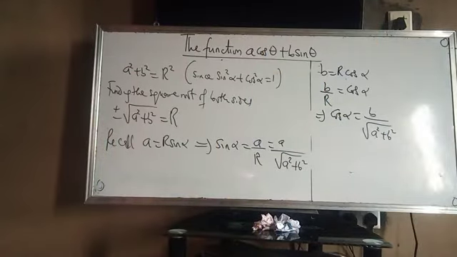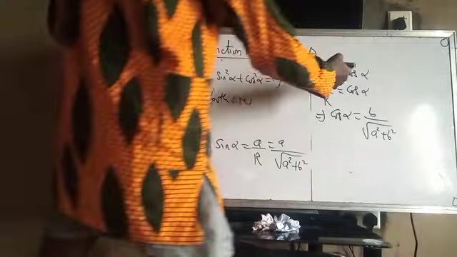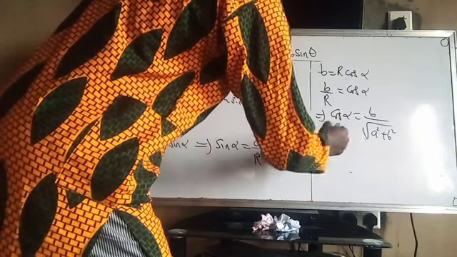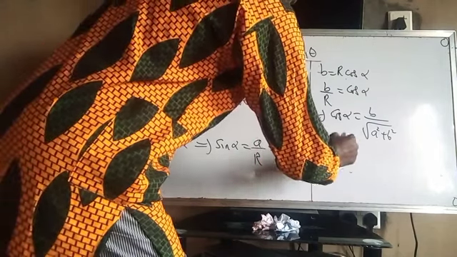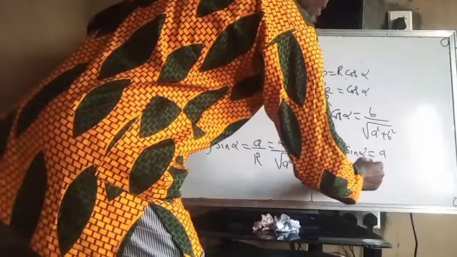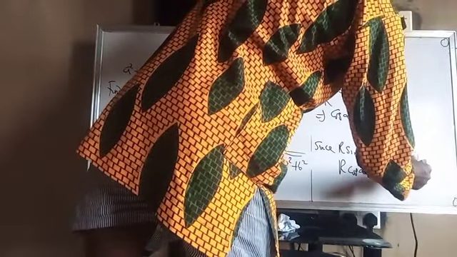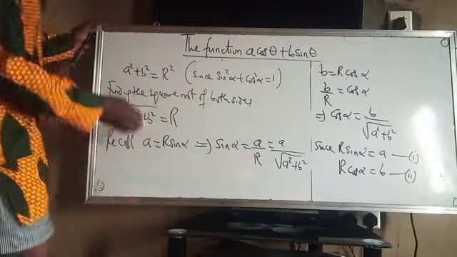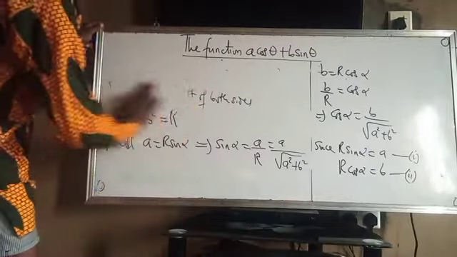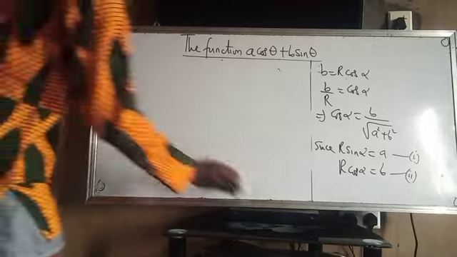And looking at equation 1 and 2 again, a equals r sine alpha and b equals r cos alpha. So if we divide equation 1 by 2, what do we have?